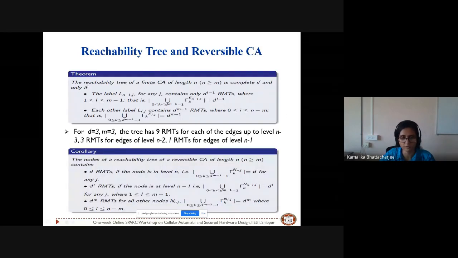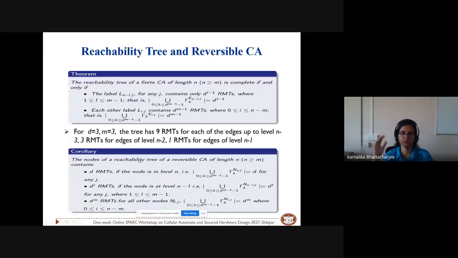In the case of nodes, it will be d RMPs if it is in level n, d to the power L RMPs if it is in level n minus L, where L are the spatial levels from the leaf up to the m minus 1 levels, and d to the power m RMPs for all other, non-spatial level nodes.